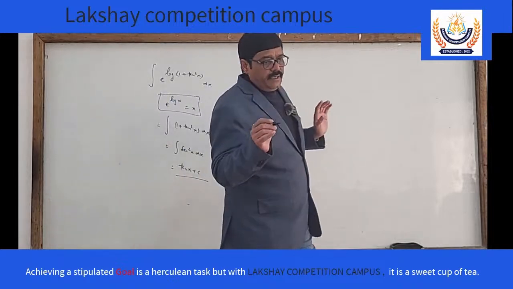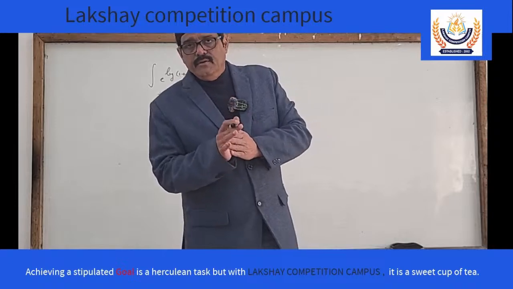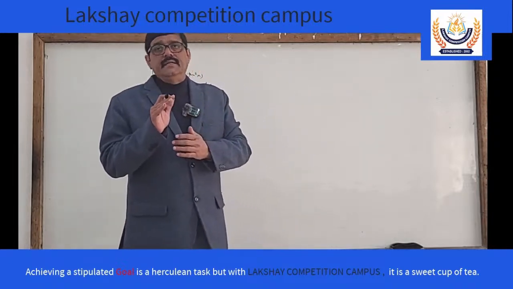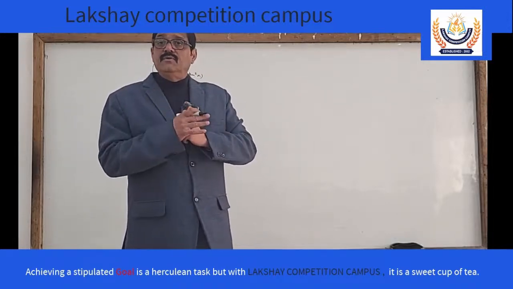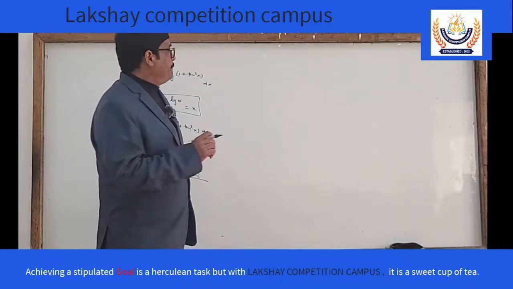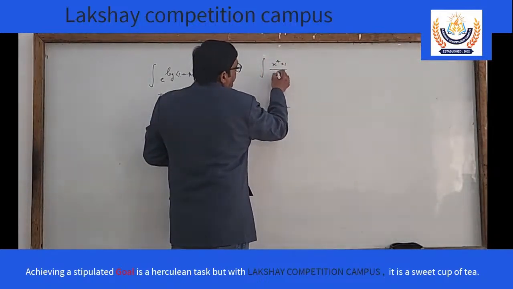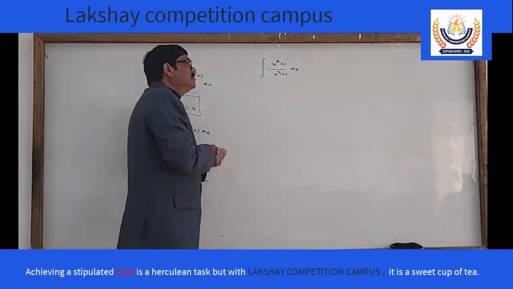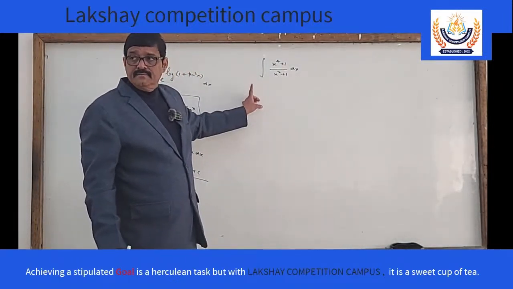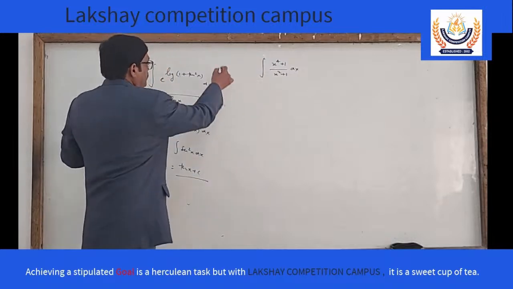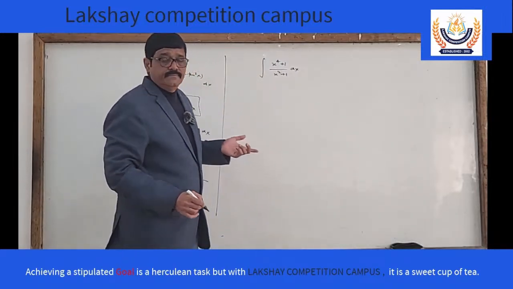In indefinite integrals, whenever the degree in the numerator is more than the denominator, or equal to it, we always divide. On this concept, there is a problem: integral of (x to the power 4 plus 1) upon (x square plus 1) dx. How can we solve it? Because the power in the numerator is more than the denominator, we have to divide.